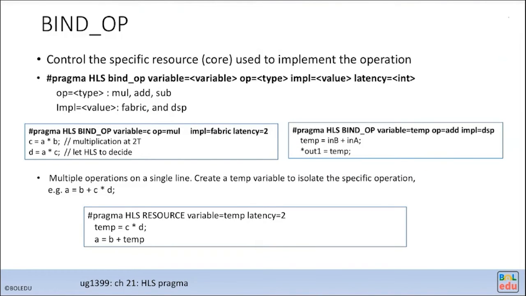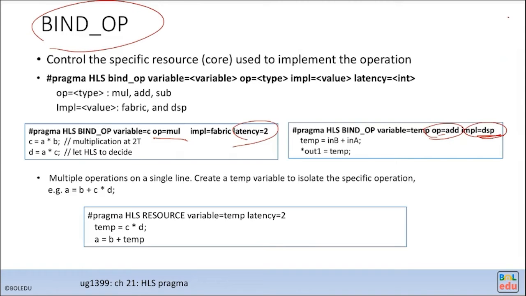Furthermore, you can use bind_op. That means you specify the type of operator you want to use. For example, you try to use a multiplication with latency 2. And here, I specify using the adder, but using the DSP.